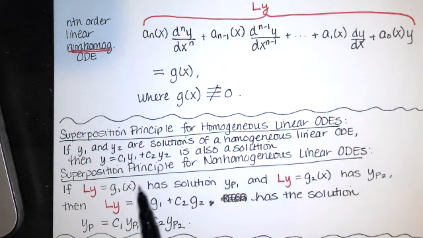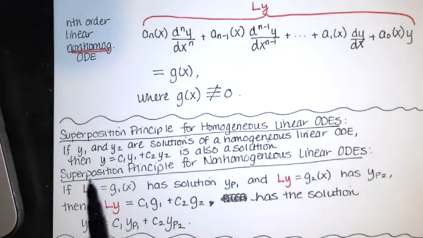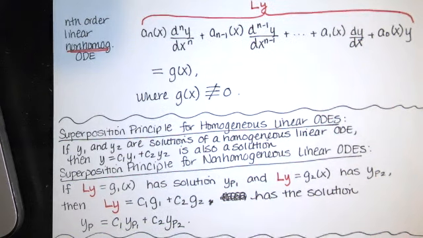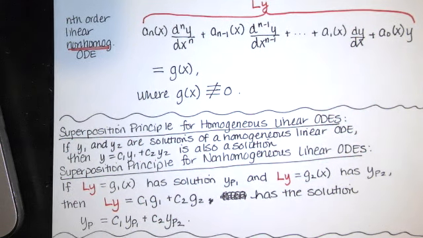If we take those right-hand sides and multiply them by constants and add them together, if we know the solution to this differential equation and this differential equation, to find the solution of this differential equation, we just multiply by the same constants and add them together. And that's going to give us a solution to this new differential equation. That's called the superposition principle because we're taking two solutions and multiplying by constants and adding them together, which is a superposition of those two functions.